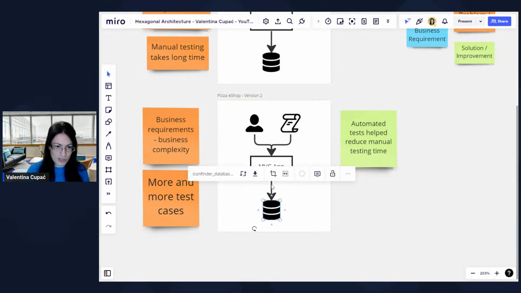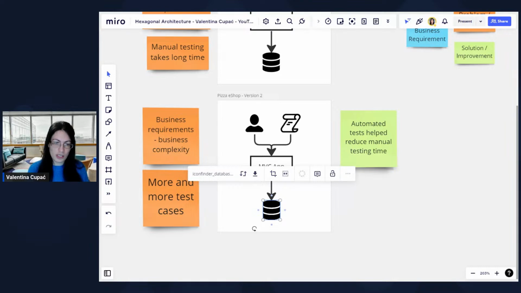And also, since they are using the same database, it means that we need to have teardown between each of the tests. And again, all of this is contributing to an increased test runtime.